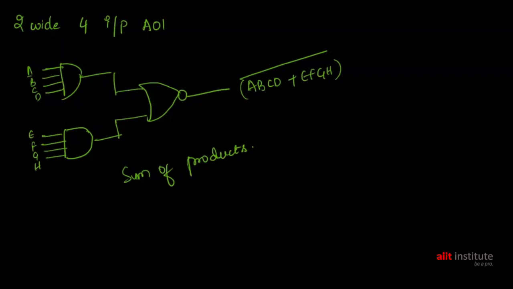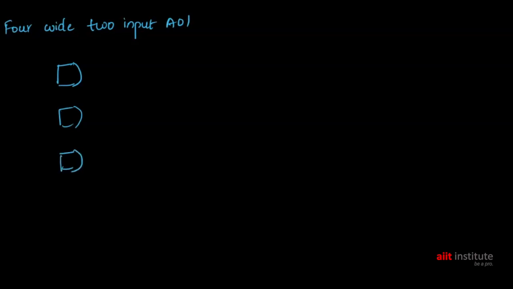Now let us see an example for 4 wide 2 input AND-OR inverter. Okay. So since it is 4 wide, it has 4 ANDs with 2 inputs.